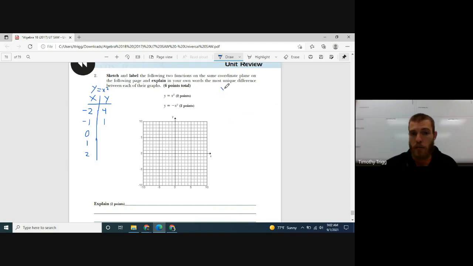And then over here, we want to do the same, but for the negative x squared. So let's go ahead and do that. y equals negative x squared. We'll just use the same x values: negative 2, negative 1, 0, 1, and 2. For this one, keep in mind that it says negative x squared.